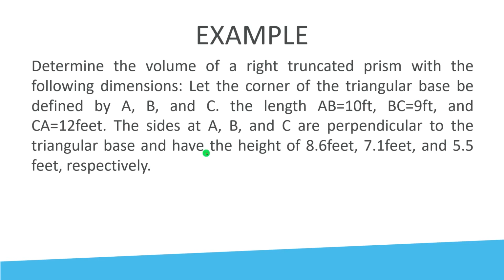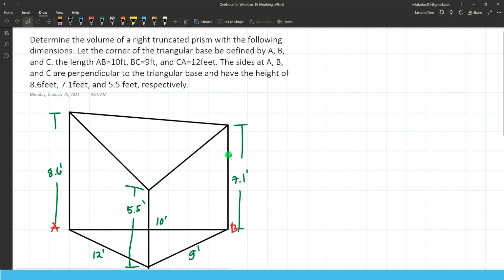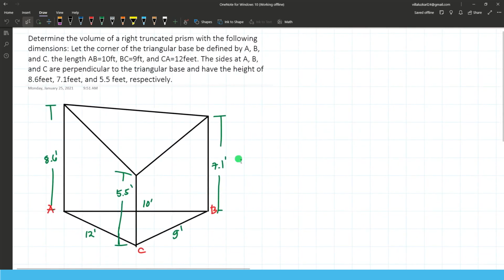First, draw the figure, draw the solid, and here it is. We have 8.6 feet, 7.1 feet altitude, and 5.5 feet.